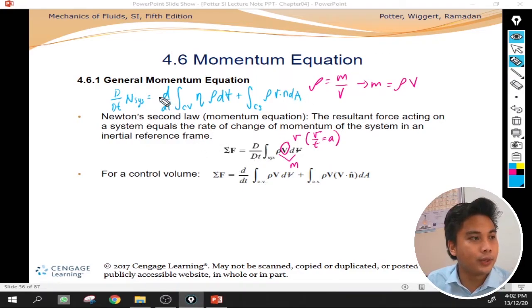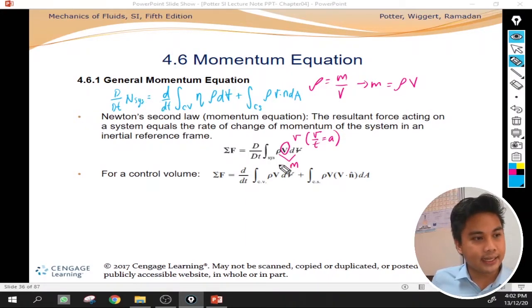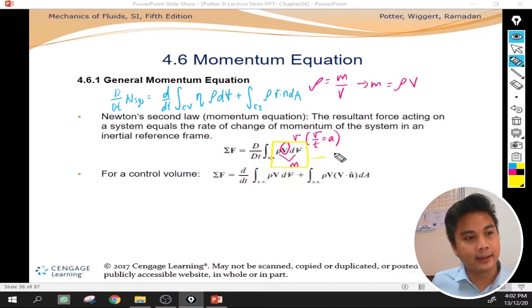From here we need to determine the N for the system, the extensive property of the system. We can say that the whole thing inside here is the capital N of the system.